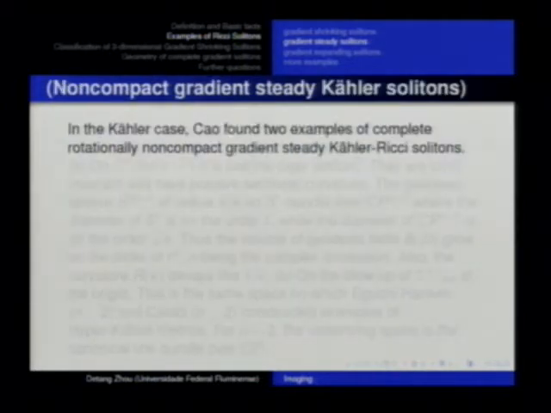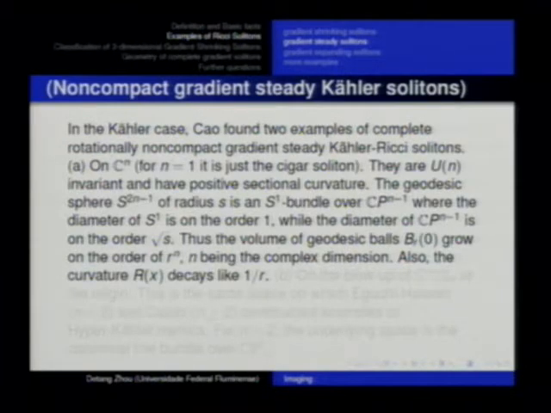It is an important thing. Also, there are some new examples found by Dancer and Wang, using the complex structure, and also this construction. I think I don't have time to go into detail. On Cn, they can construct like this.